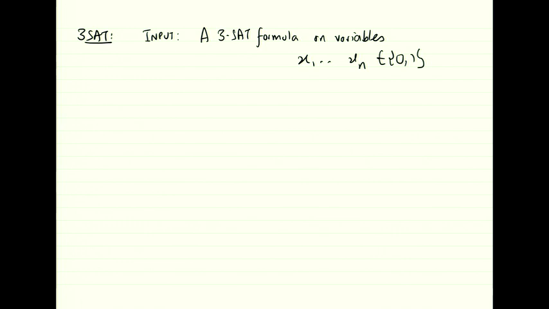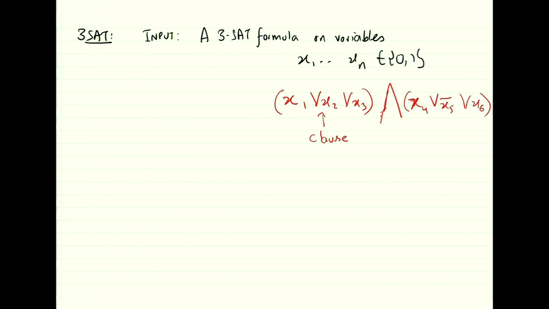You've seen 2-SAT, so 3-SAT looks very similar. It's like x1 or x2 or x3. This is a clause. You can have a clause like this, and then and, not x4 or not x5 or x6, and xi or not xi or xj or xk.